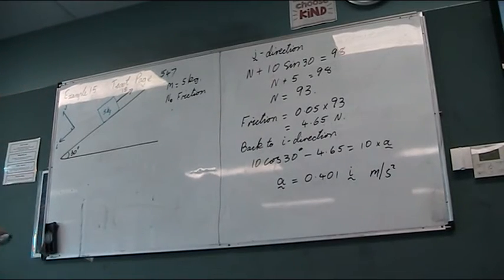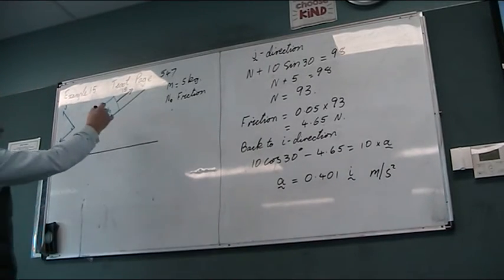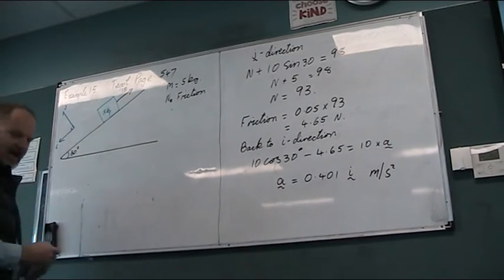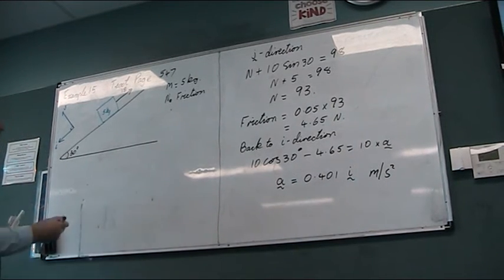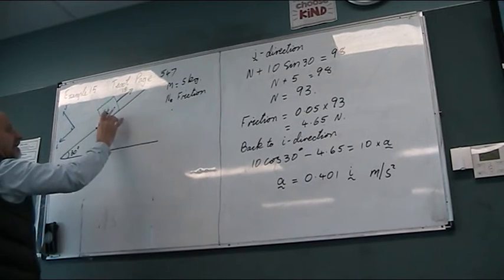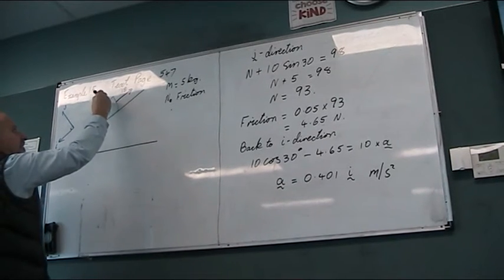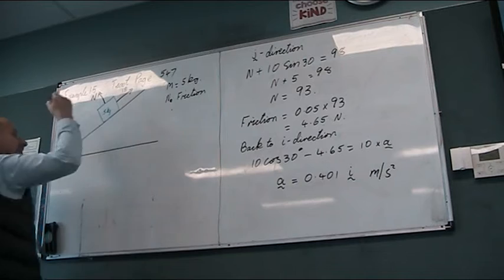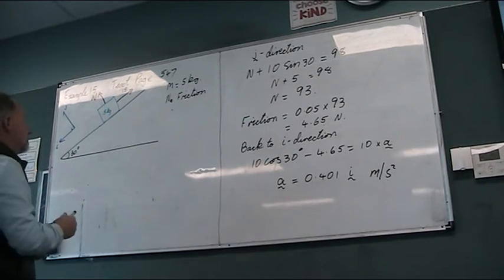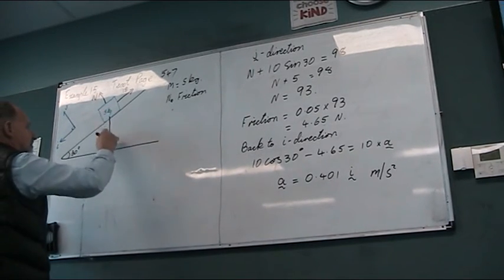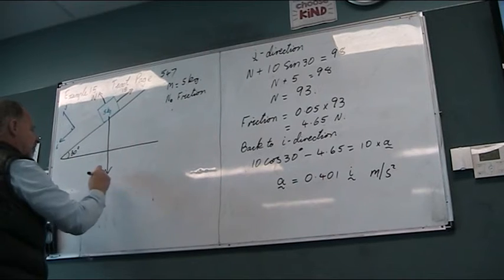Now, what forces are there acting on this other than the one I've already drawn there? Well, it's sitting on something, so that thing's going to be pushing back, and the other force that acts on this is our weight force.